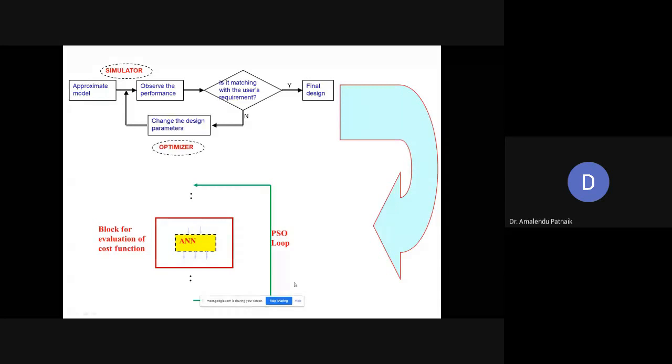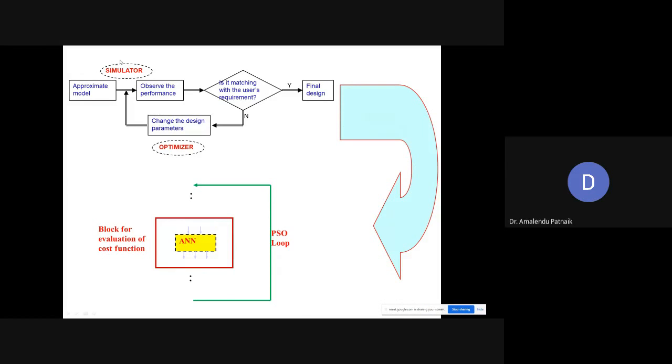What is that particular approach? The role of the simulator can be replaced by a suitably trained artificial neural network, and the role of this optimizer, where previously we were doing it by an arbitrary trial and error method, can be replaced by any of these metaheuristic based optimizers.